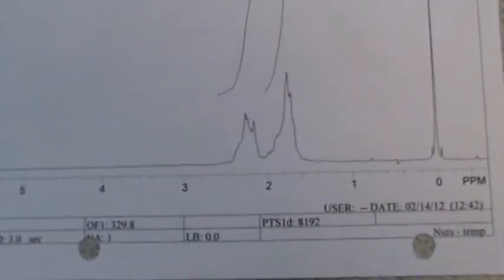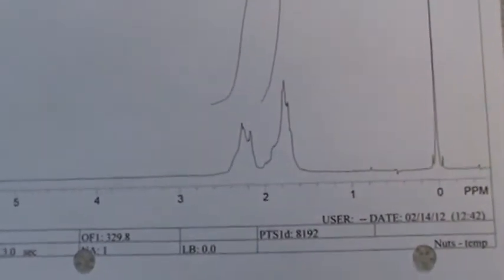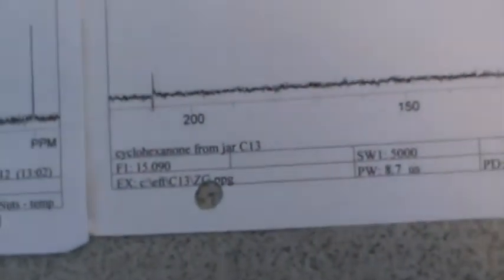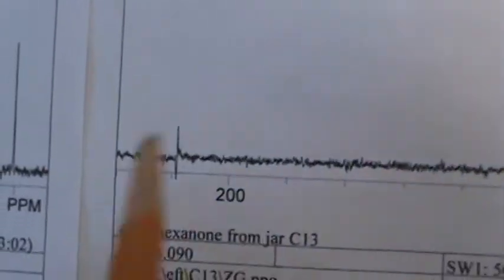And sure enough, you get a lump, looks ugly, should roughly be 4, and then the other will be the remaining 6, which it is. That is cyclohexanone. And then when you look at the carbon from that right out of the jar, you see 1 peak past 200, which is obviously the carbonyl carbon. And then you can play this out.